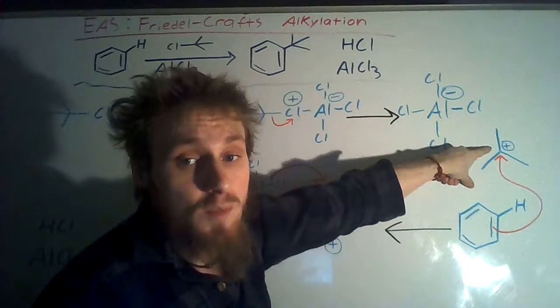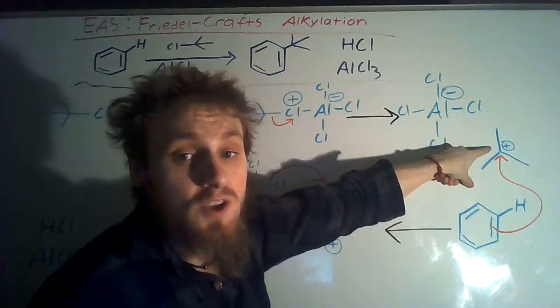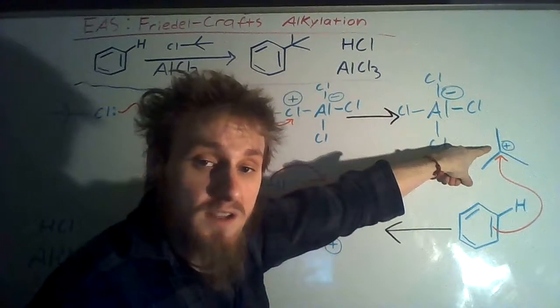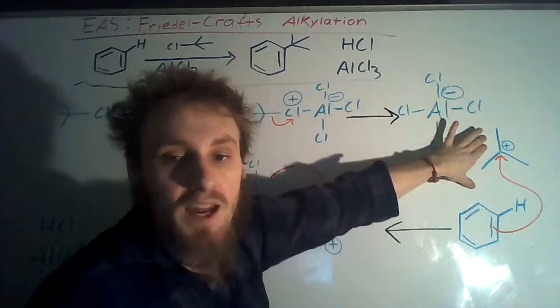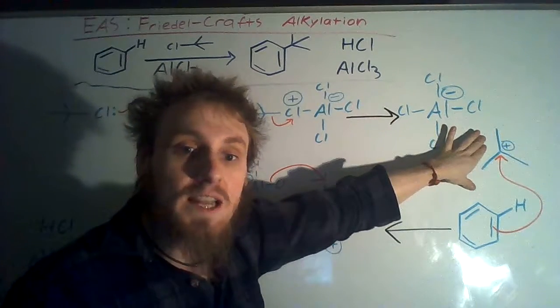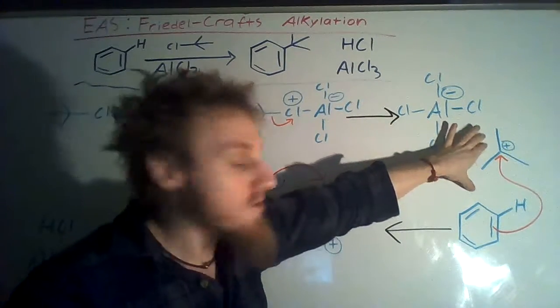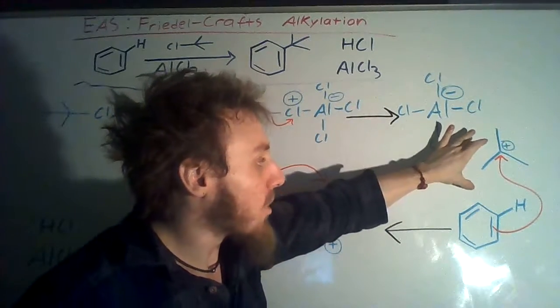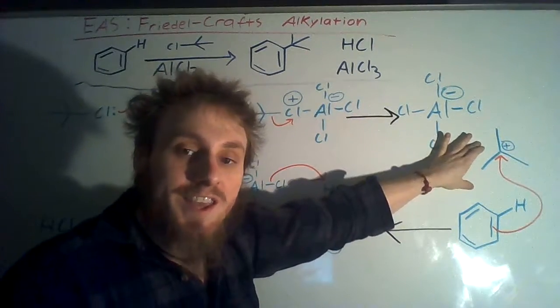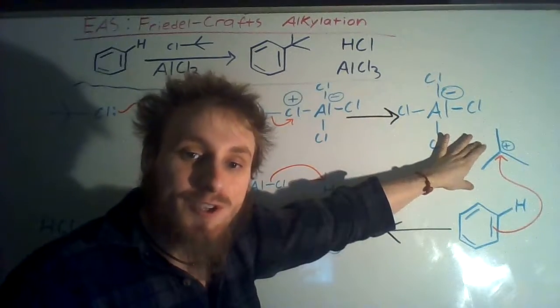If you think back to carbocation stability, tertiary carbocations are actually pretty stable, right? So this tertiary carbocation is actually going to serve as our electrophile. So now that we have this electrophile, this tertiary carbocation, we are now ready to begin electrophilic aromatic substitution.